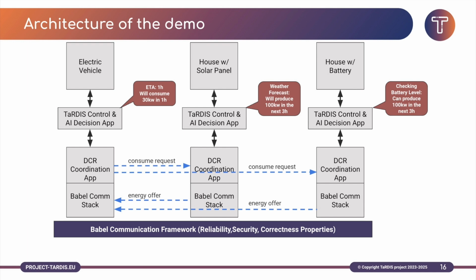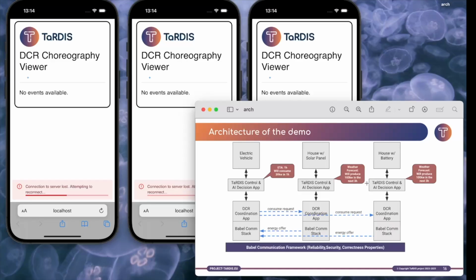We will now show you the actual demo with a Babel infrastructure and the DCR coordination app working in communication with 3 nodes.